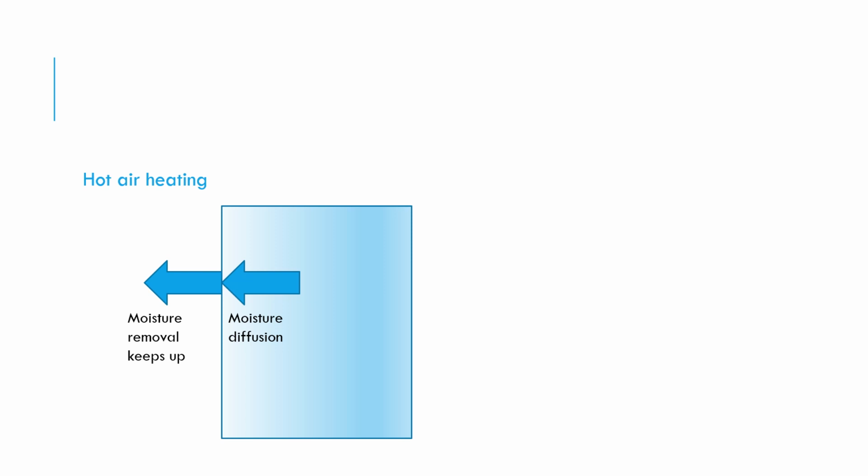In hot air heating, we remove moisture from the surface, and then moisture from the inside comes to the surface only in relation to what has been removed. So the moisture removal very much keeps up with moisture coming to the surface because moisture removal is the driving force.